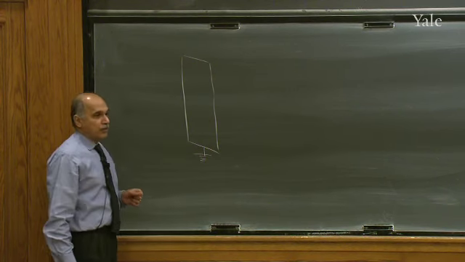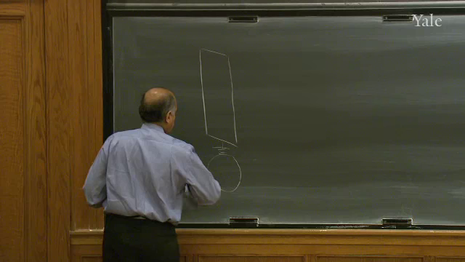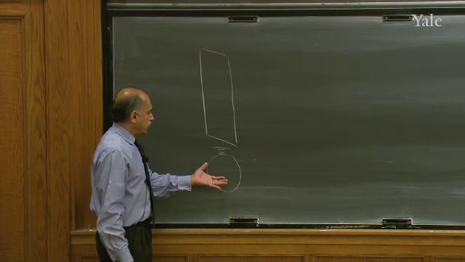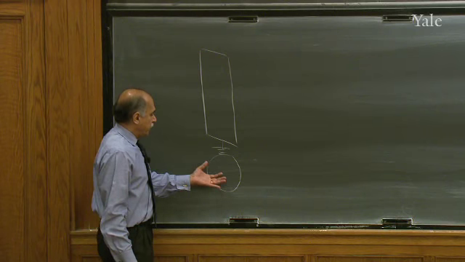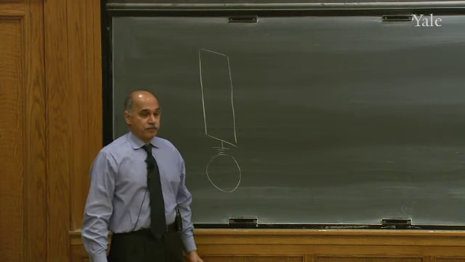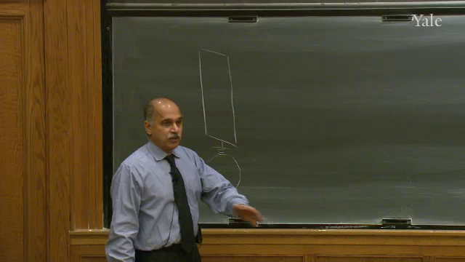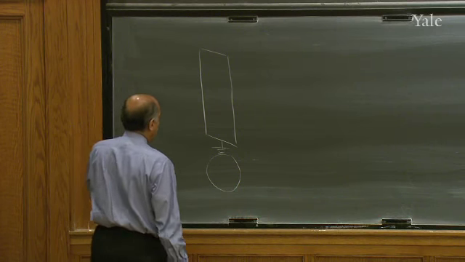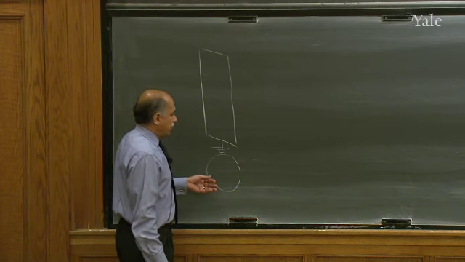Grounded means what? You take a wire and you connect it to the earth. Now, the point of connecting to the earth is that the earth is pretty close to being an object at zero potential. In other words, if you bring a charge from infinity to the earth, the amount of work you do, you can take to be zero.